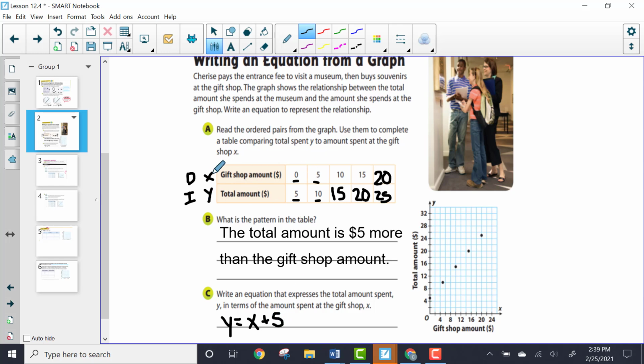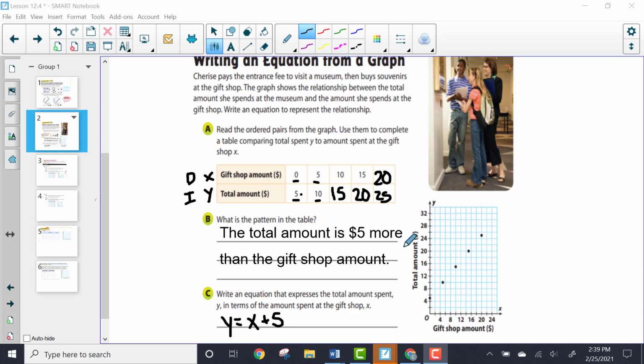Does that make sense? X plus 5, for example, X, 0, plus 5 is 5. X, 5, plus 5 is 10. X, which is 10, plus 5 equals Y, 15. So that does make sense, and that does follow that pattern there for letter C.